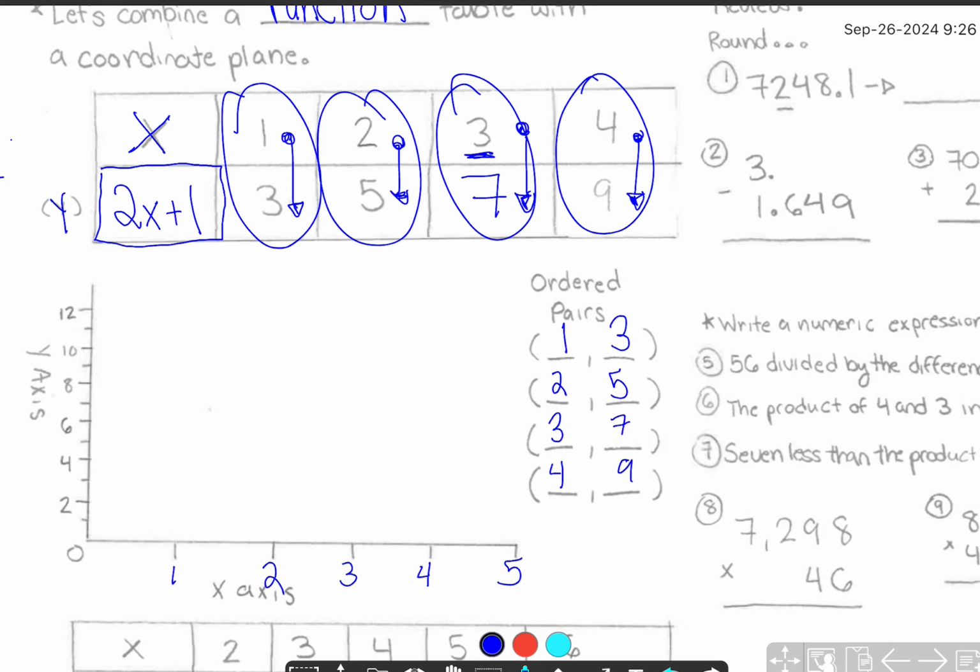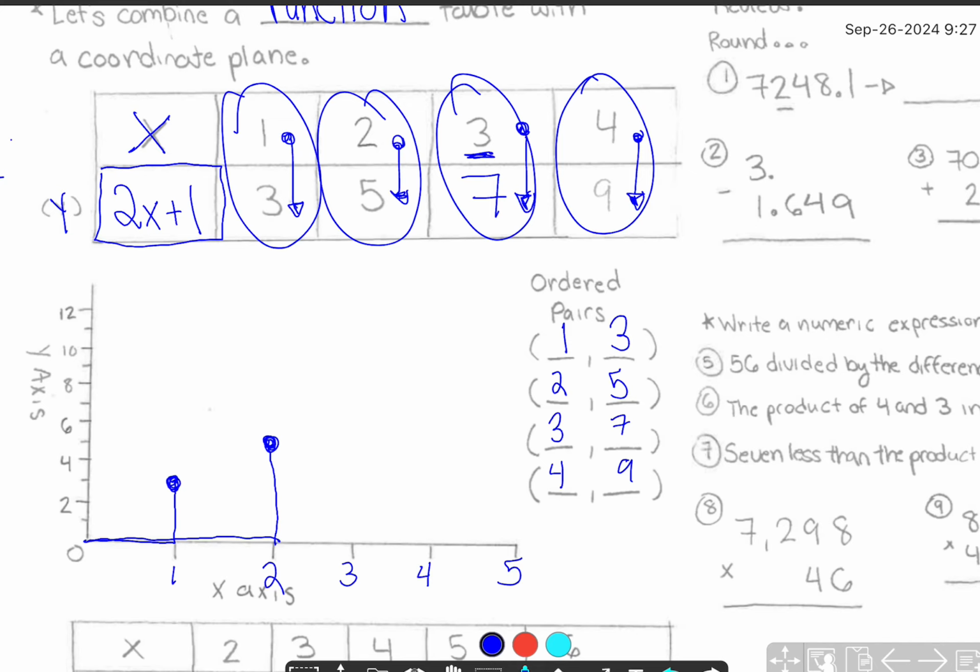So my first ordered pair is over 1 and up to 3. My next ordered pair is over 2 and up to 5. I want you to pause the video and see if you can plot the other 2 points. Now, work with me, see if you got them right.